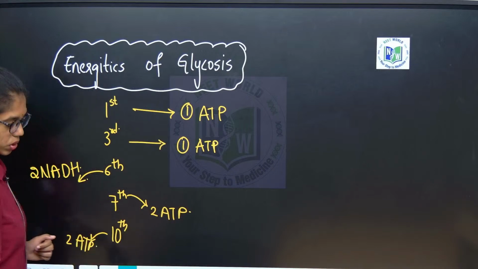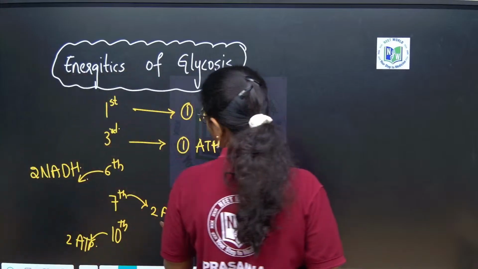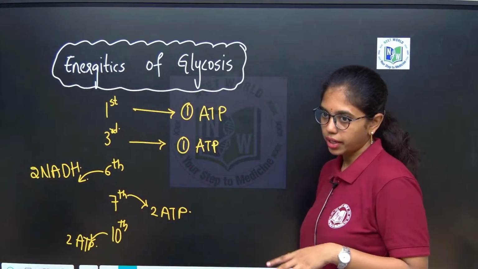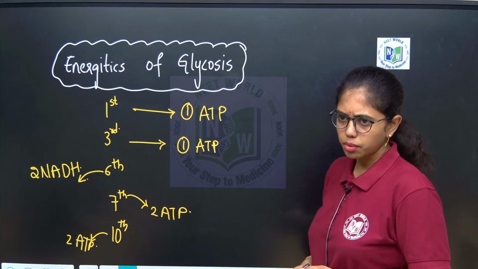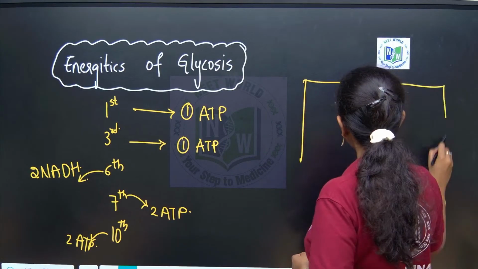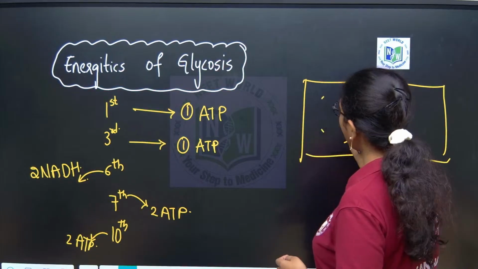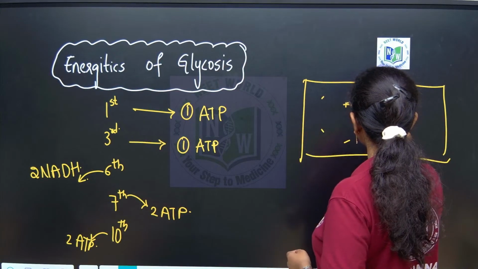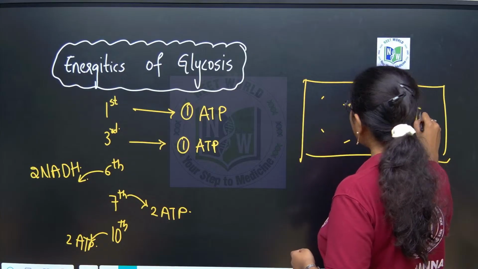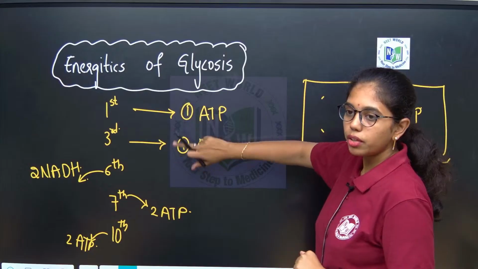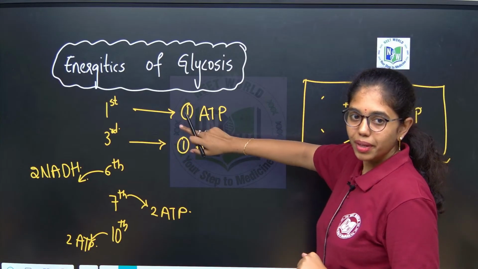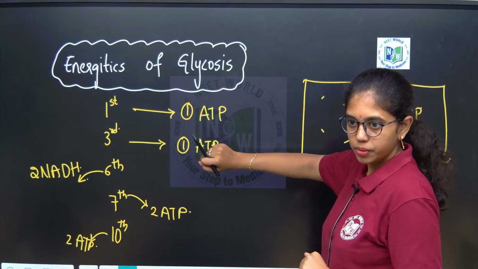So, here is a question, where are these 2 plus 2, 4 ATP being released from glycolysis? To the cytoplasm only, right? If this is the cell and this is the cytoplasm, glycolysis happened, 4 ATP are released to the cytoplasm itself. From that 4 ATP, 2 ATP are being utilized by the investment phase, first and third steps.